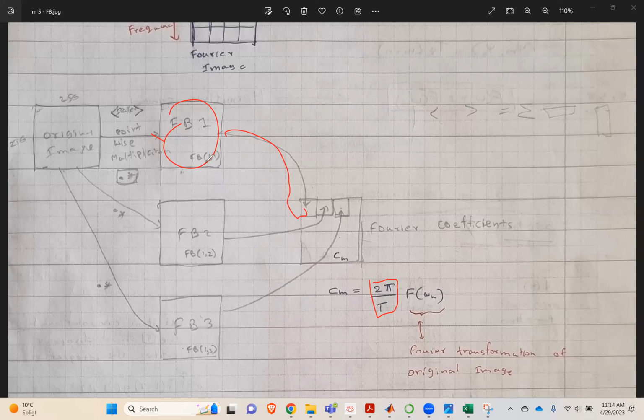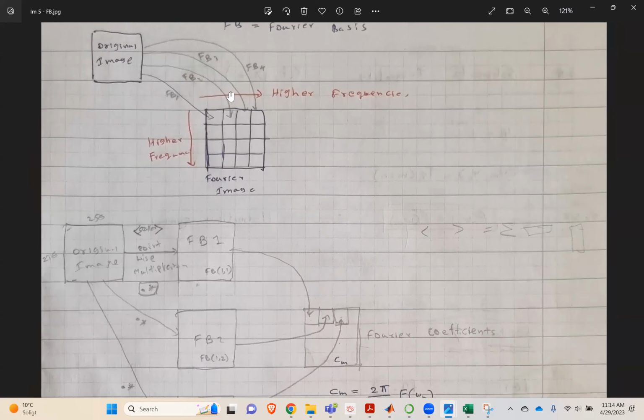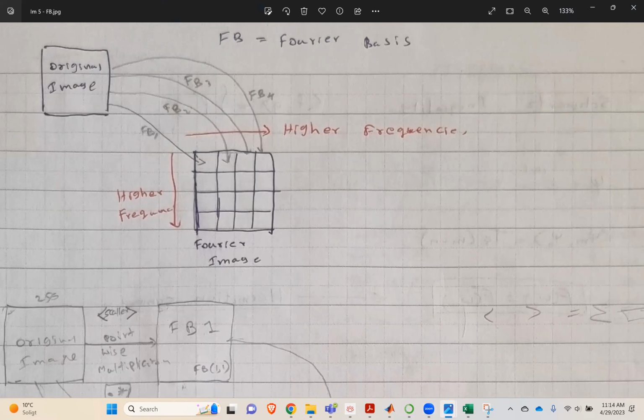So the thing is, these Fourier bases: the Fourier basis 1 has a low frequency and 2 has a higher frequency, like that. The frequency of Fourier basis 1 is the lowest, and the 2 is double.